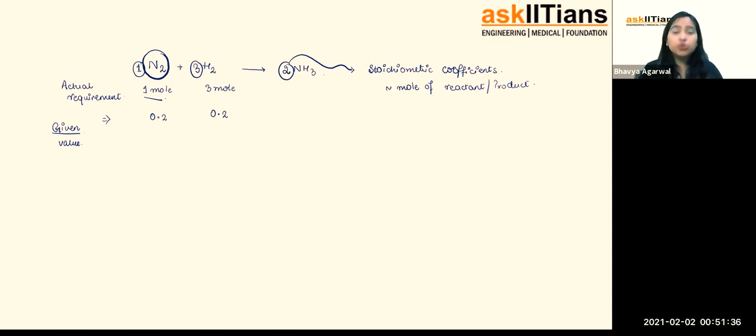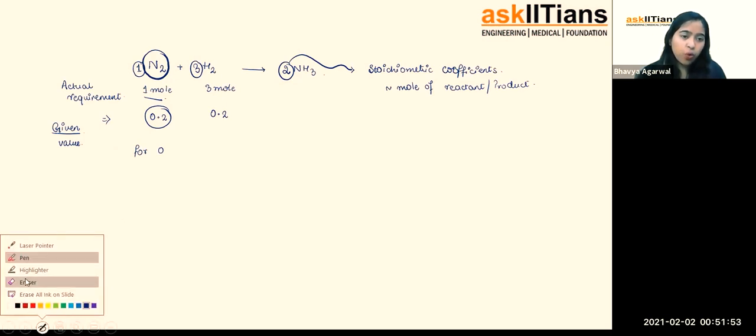So for 0.2 moles of nitrogen, I would need thrice the amount of hydrogen.